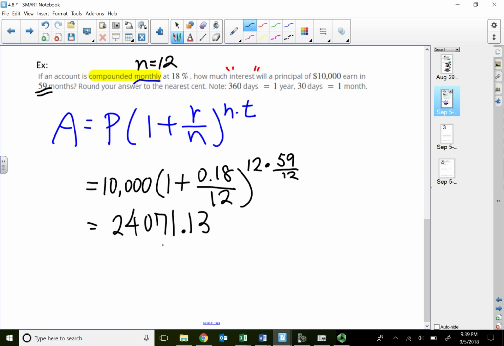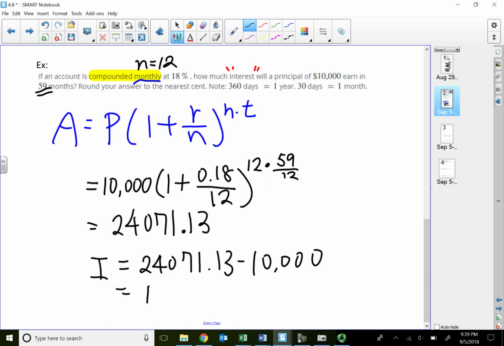So we take the total amount at the end of 59 months and minus the money I put in, which is 10 grand. That will give me what this account alone after 59 months will earn me: $14,071.13. So that will be my answer. That's how much interest I earned. Okay. All right, let's try several more.